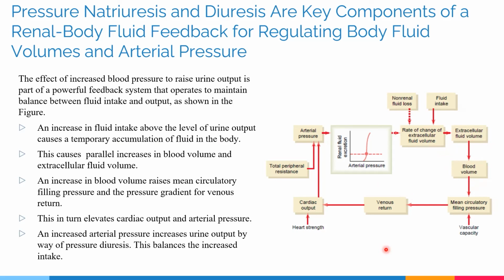This increased venous return increases the cardiac output, as we have seen via the Starling mechanism, and an increased arterial pressure then causes increased urine output by way of pressure diuresis. Thus, we have a whole feedback loop which finally increases the renal fluid excretion, and thus the excess accumulation of water that started the whole feedback loop is cured by the final increased excretion of water in the form of urine. Thus, this balances the increased intake of water.